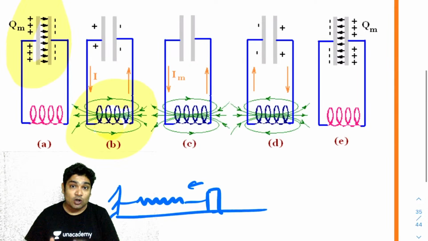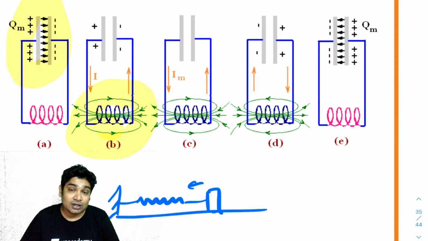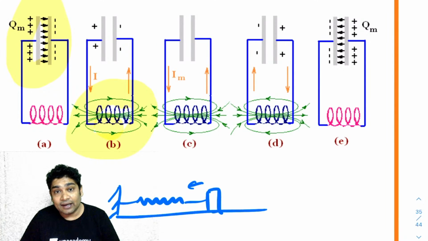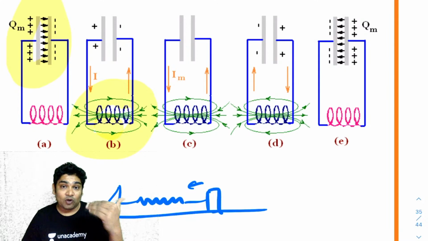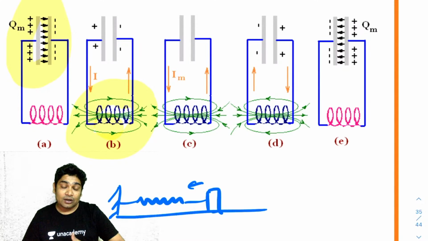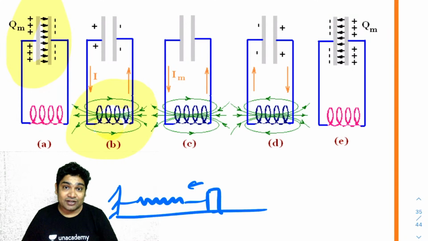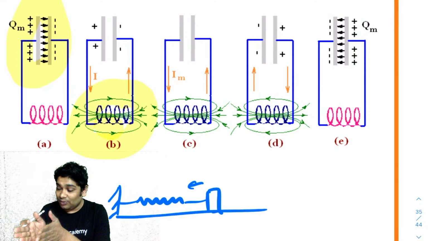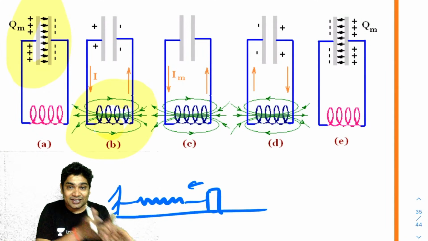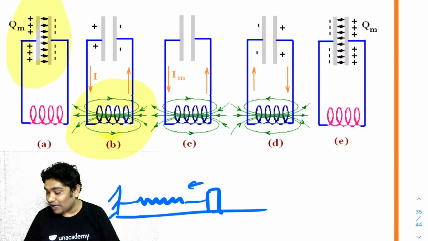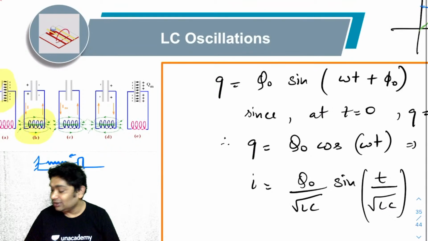Similarly, in an LC oscillation, the energy stored in the capacitor, which is in electrical form, gets converted into the magnetic field's energy, and then this gets converted back into the electric field's energy. So energy is oscillating from the electric field energy to magnetic field energy, and so on. That is what happens in LC oscillations.